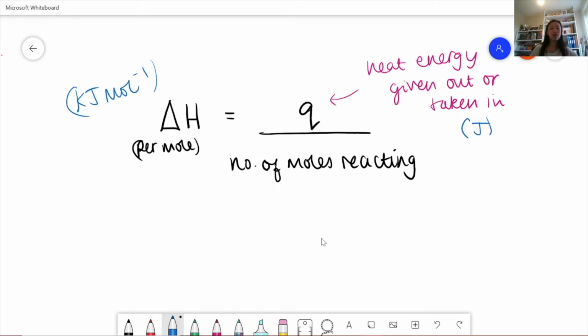So we need to convert this into kilojoules before dividing by the number of moles to get the enthalpy change, otherwise it will go wrong. So it's really important to remember all the units for these two equations, because when you're using them in questions, they'll try to trick you by using different units. So just make sure that you know what all the units are.